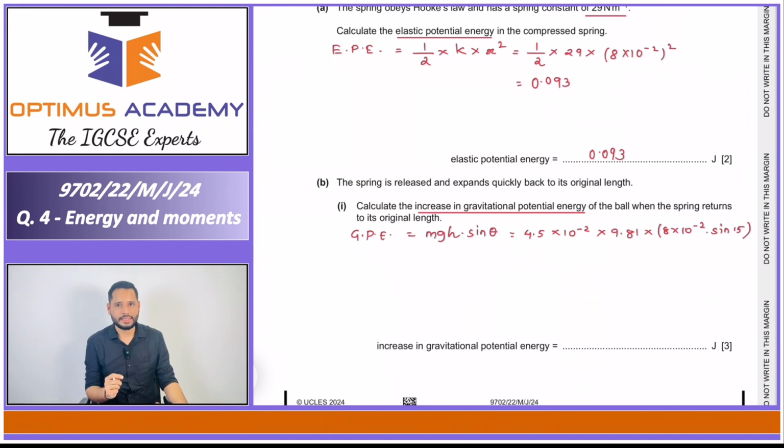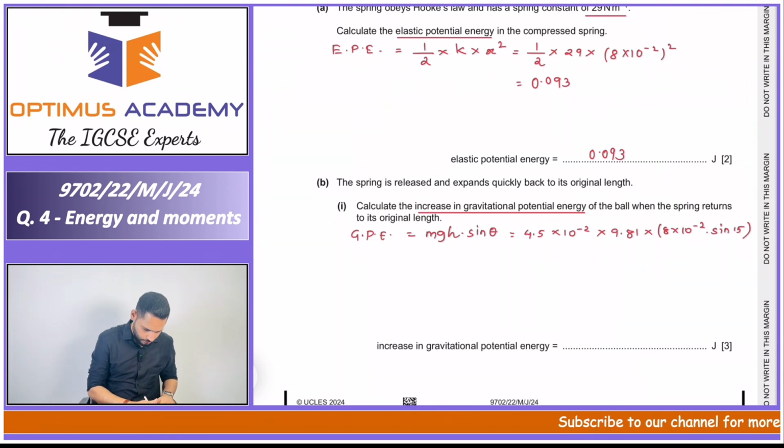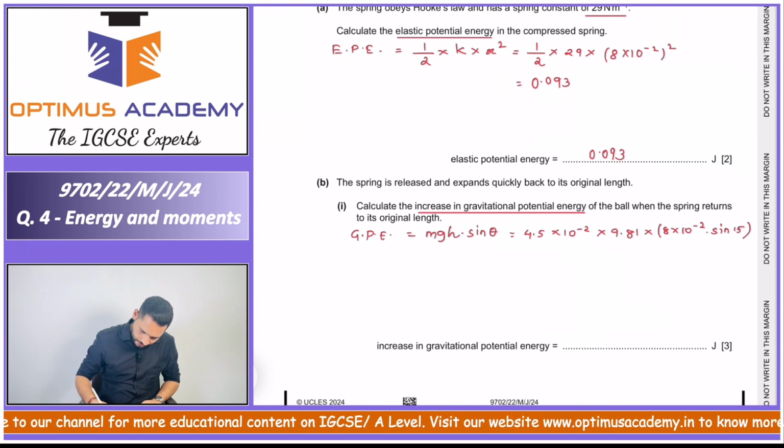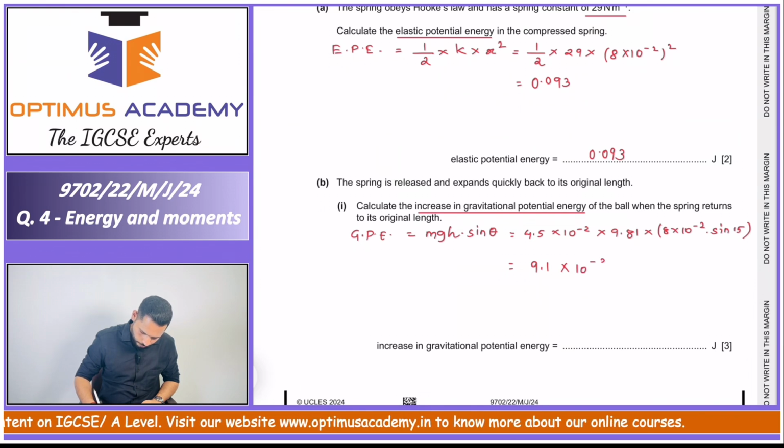Note, why are we taking sine 15 here? Because we want to consider vertical height only for gravitational potential energy. The final answer here is 9.1 × 10^-3.